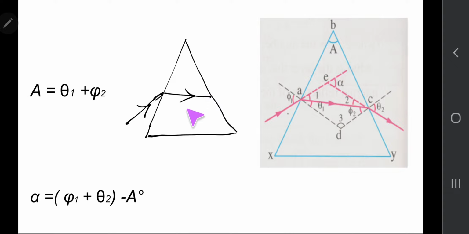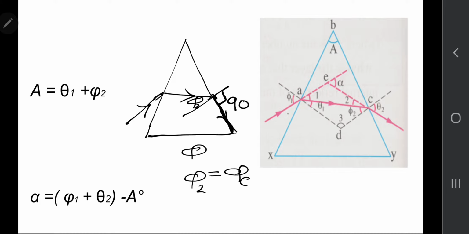But when we are in the more dense medium, the glass, and emerge to air, there are cases. If the angle of incidence, between the incident ray and the normal line, which is phi 2, equals the critical angle, the ray emerges tangent to the prism, and the angle of emergence equals 90.